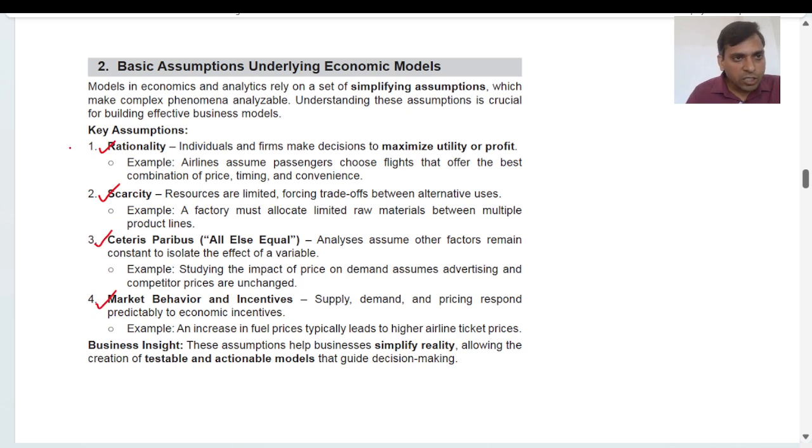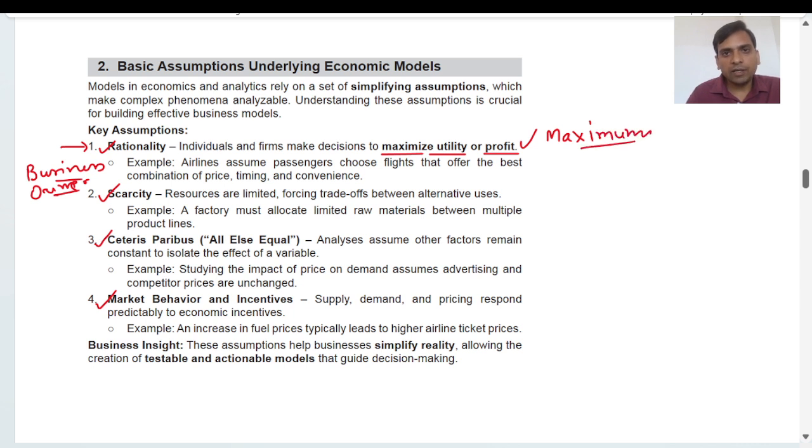So this rationality, first assumption, is especially for a business person, or we can say owner of the business. So the main motive of the owner of business is maximum utility of resources, or we can say maximum profit. This is the main motive of a business entity, or we can say business owner.